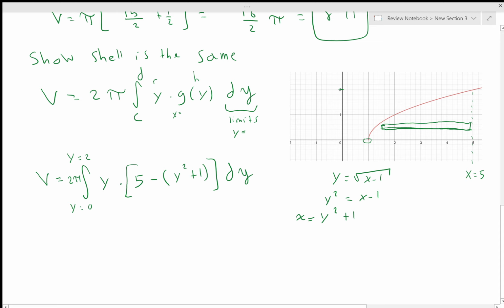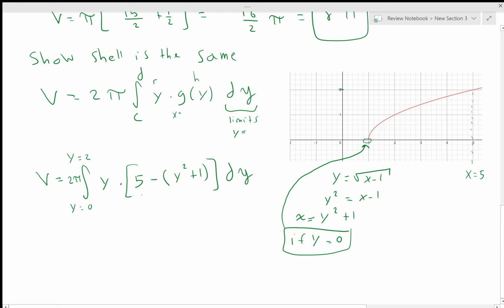Why do I have that? Well, I need to see what my length is. So for example, just to test, if y equals 0, which is when x equals 1, how large is my cut?